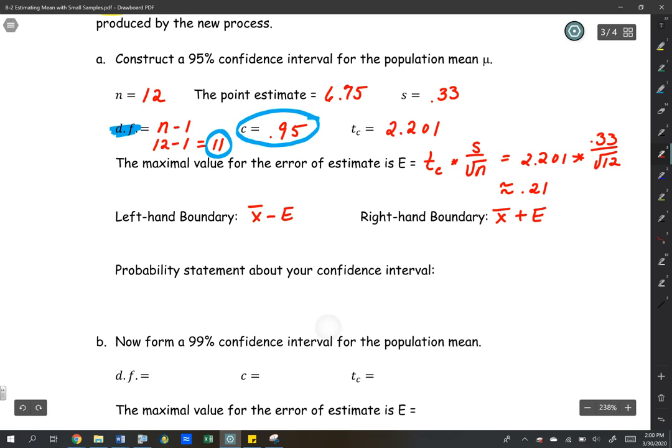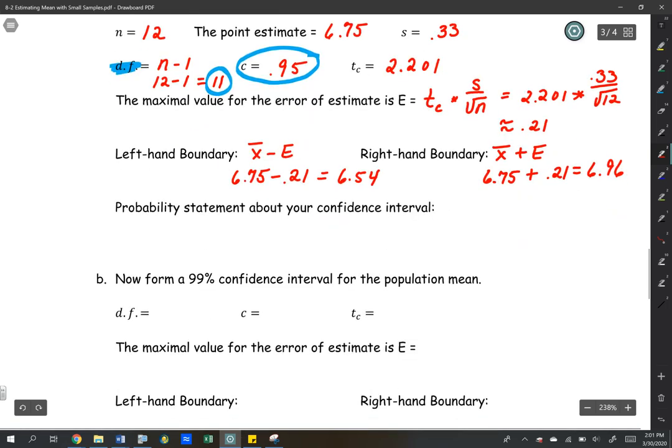All right, so in this case, x bar is our point estimate, which is 6.75 minus 0.21. That's 6.54. X bar is 6.75 plus 0.21, which is 6.96.